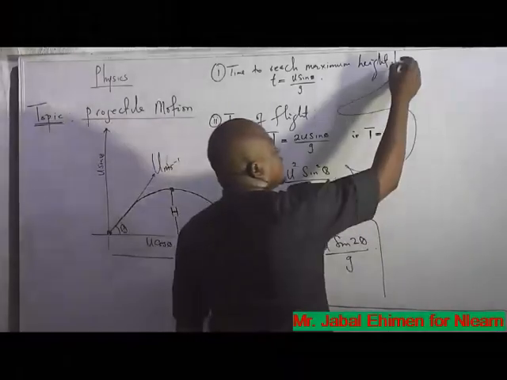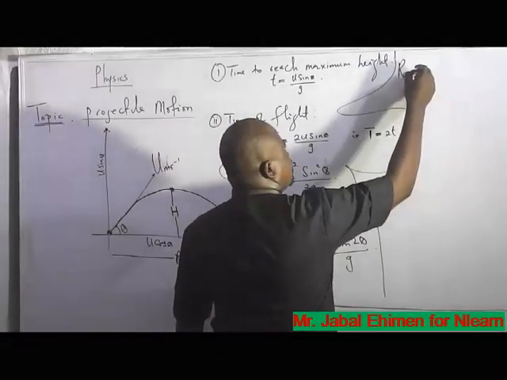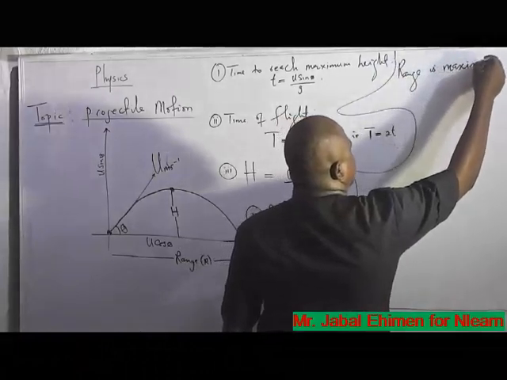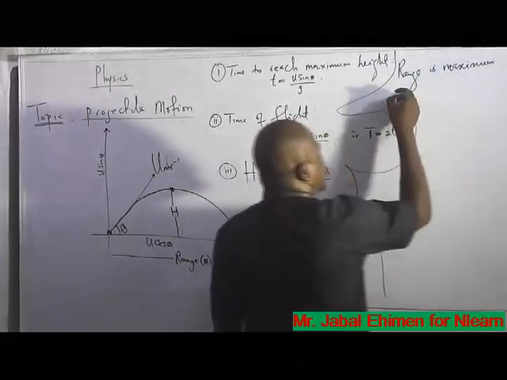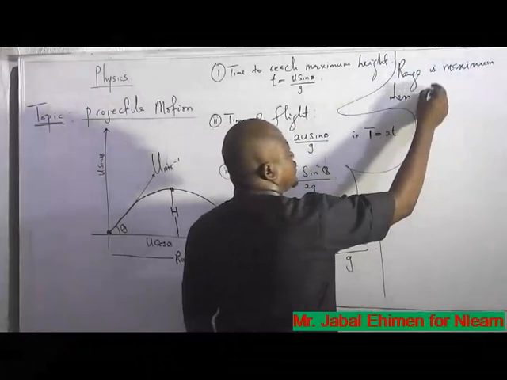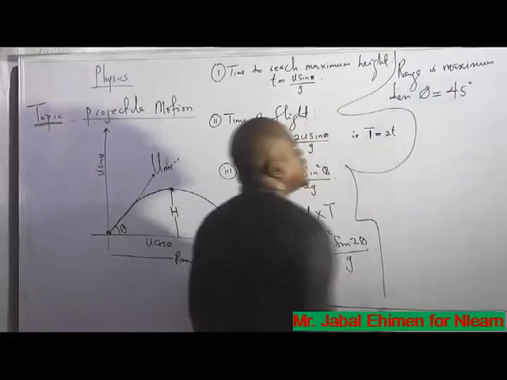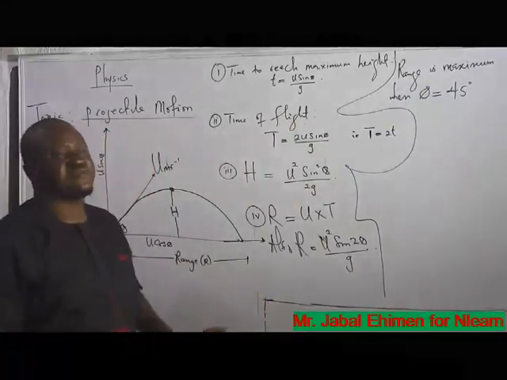That is, range is maximum when theta is equal to 45 degrees. So the range is maximum at 45 degrees.